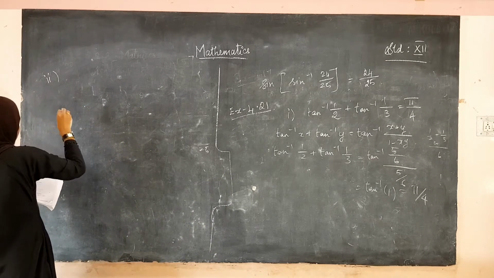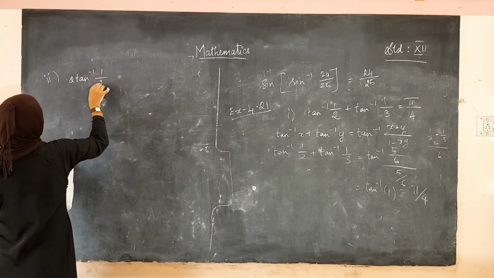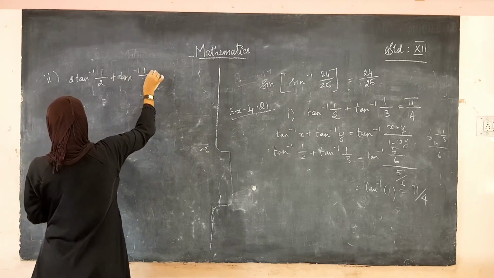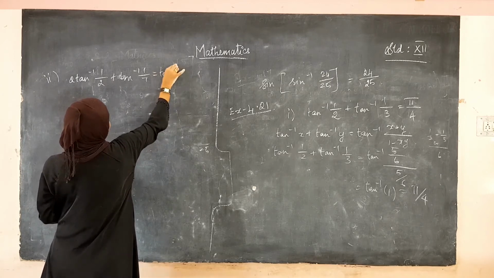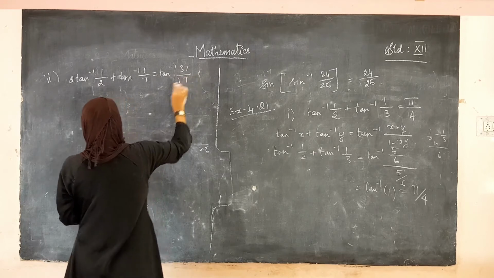The next subdivision is 2 into tan inverse of 1 by 2 plus tan inverse of 1 by 7, and we have to prove this is equal to tan inverse of 31 divided by 17.